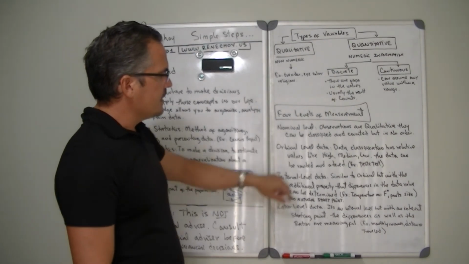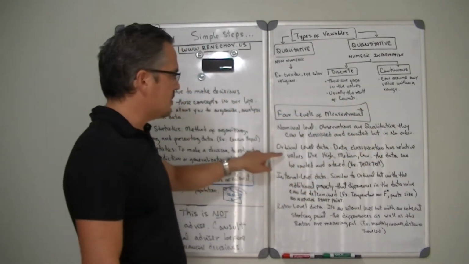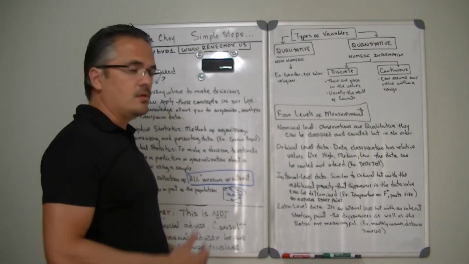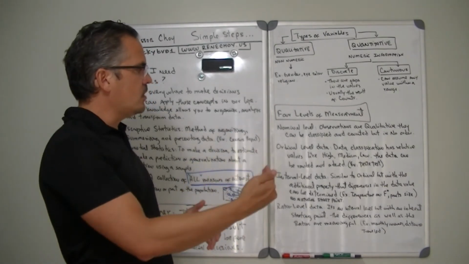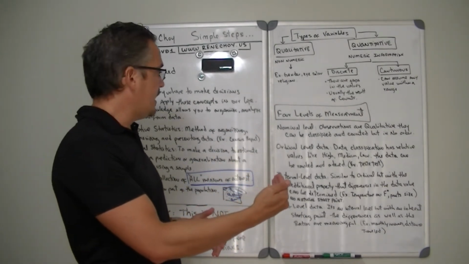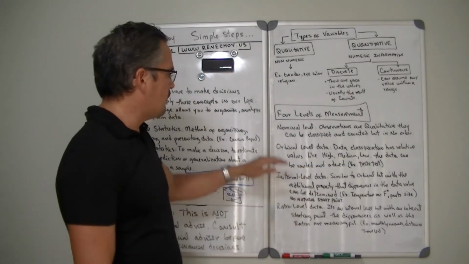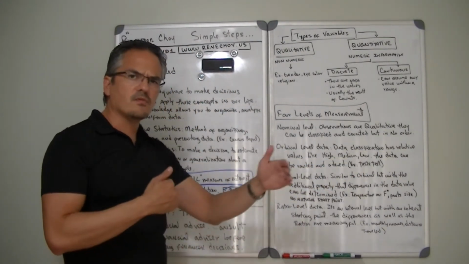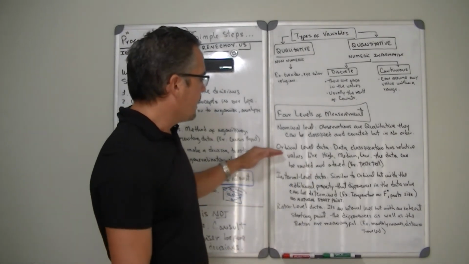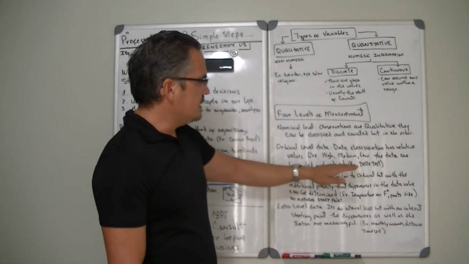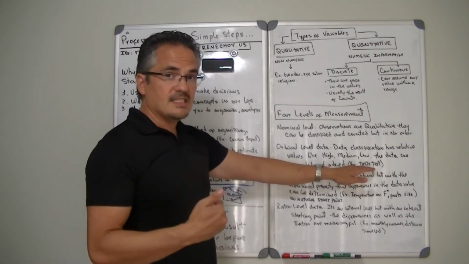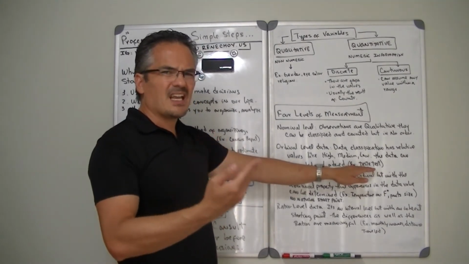Ordinal level data is a data classification that has relative values. So you can say something like high, medium, or low on the data, and the data can be ranked and ordered. And notice that what we're doing here is we're sort of building up on top of the previous level. Ordinal level data is very similar to the previous example, but imagine now that I assign numbers to it.